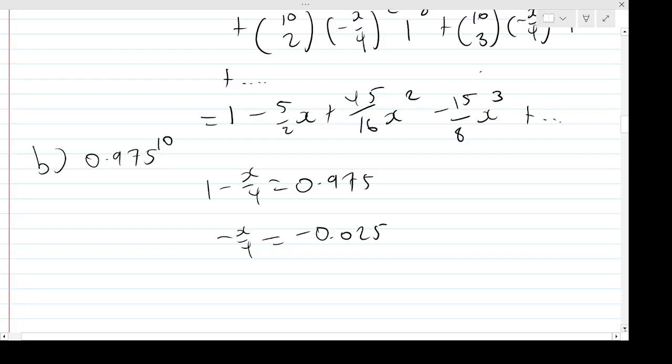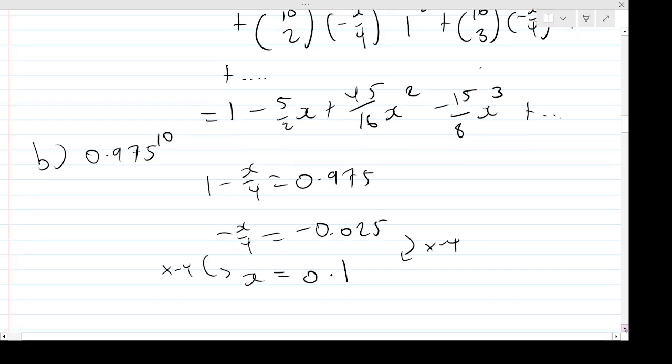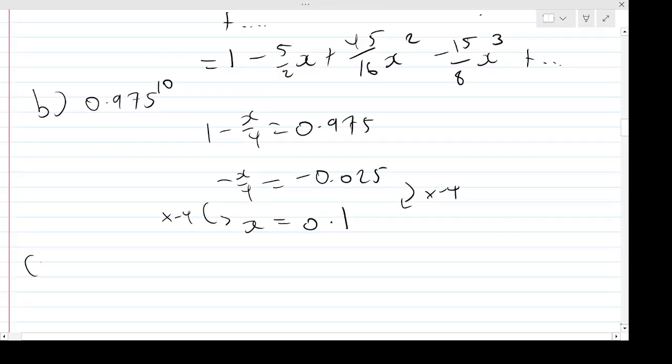Then if I times by minus 4 to both sides, I then get that x is minus 0.025 times minus 4. That gets me 0.1. Okay, so that's the value of x I get. I can plug that into this expansion, because then, what was it?